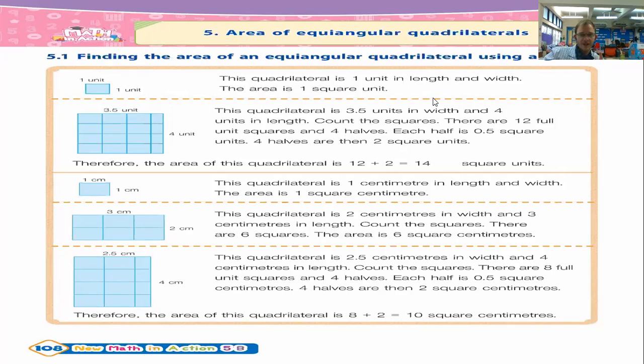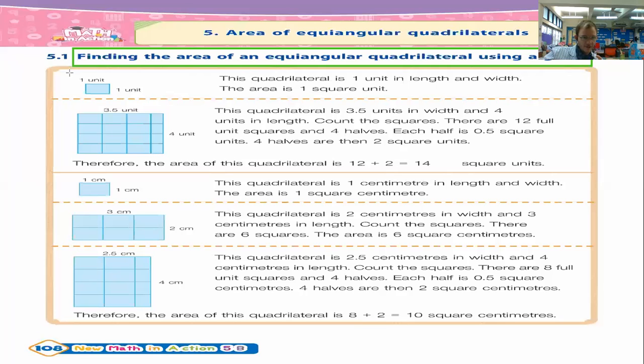First, we're going to do some reading just to get an idea of how the area works. First things first, we have to find the area of an equiangular quadrilateral using a grid. Here they give us a picture 1 unit by 1 unit. This quadrilateral is 1 unit in length and width. The area is 1 square unit.